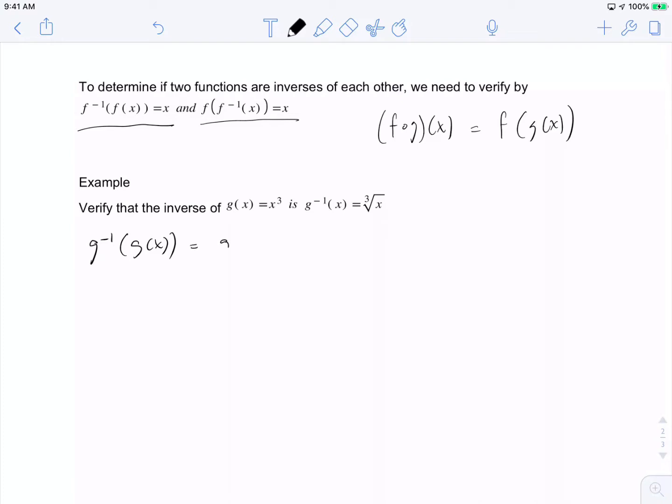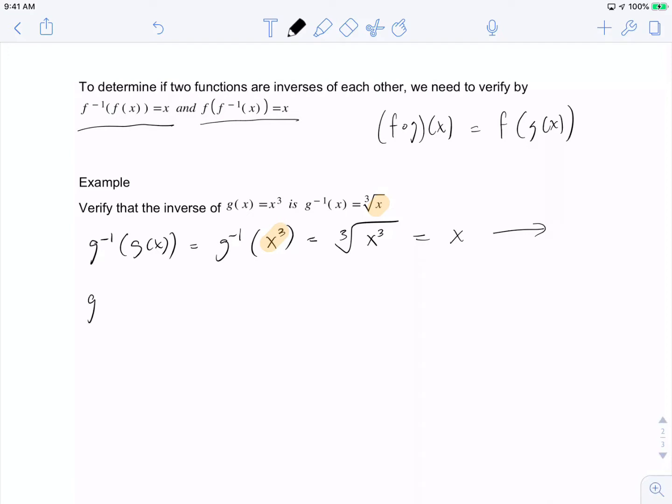Well, that's going to be g inverse of x cubed, because g of x is x cubed, and then we're going to plug in the cube root of x cubed, because this gets substituted in for that x, and so we get that. So the cube root of x cubed is simply going to be x. This is showing one direction. We have to show the other direction.